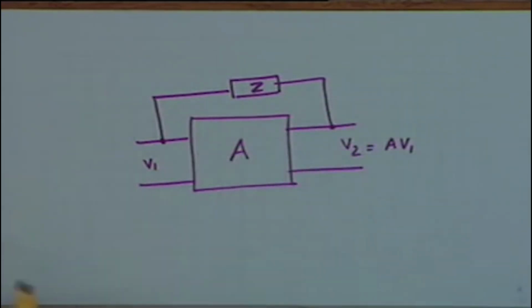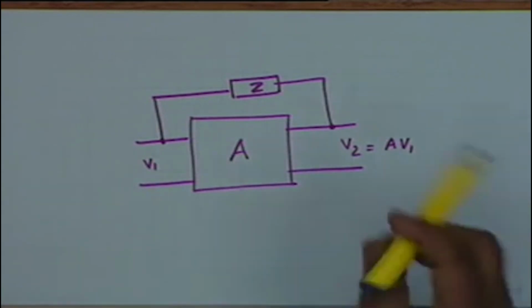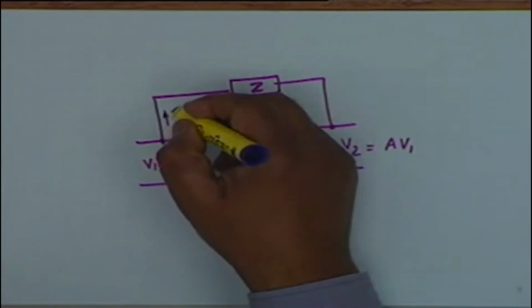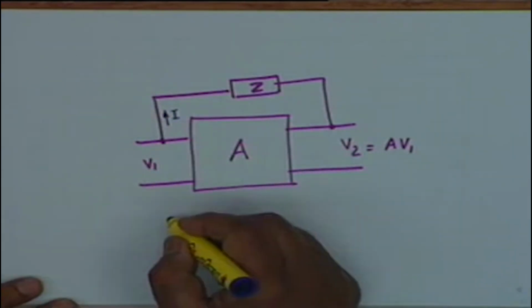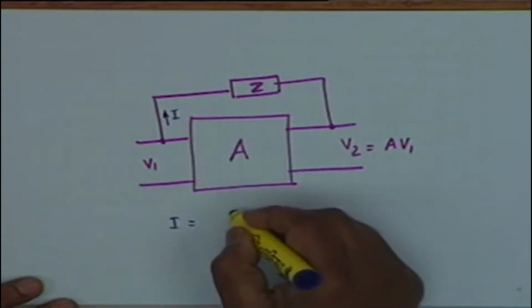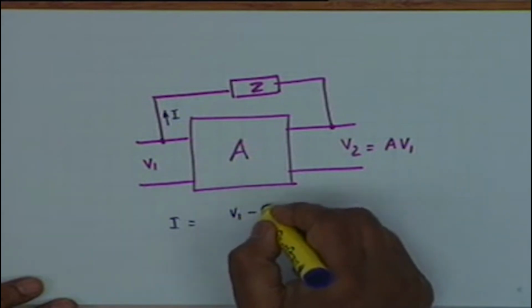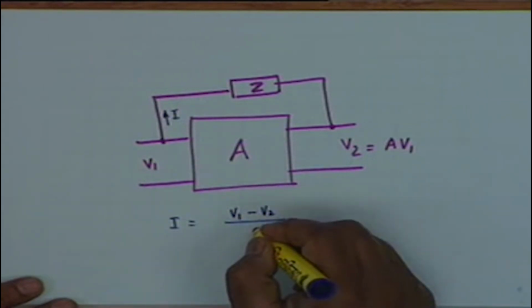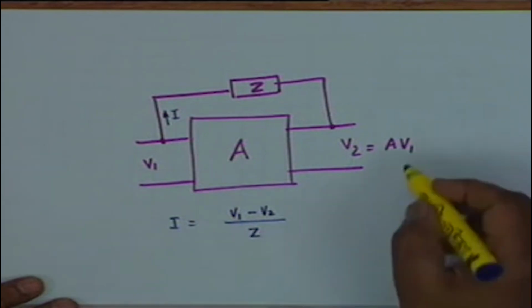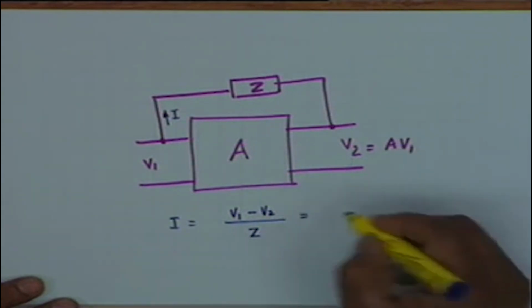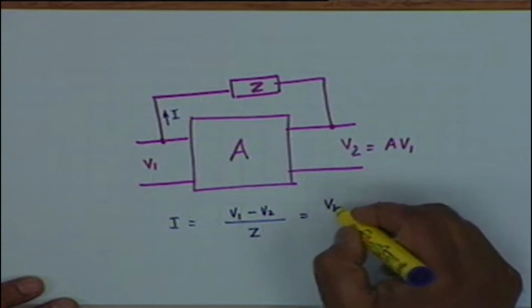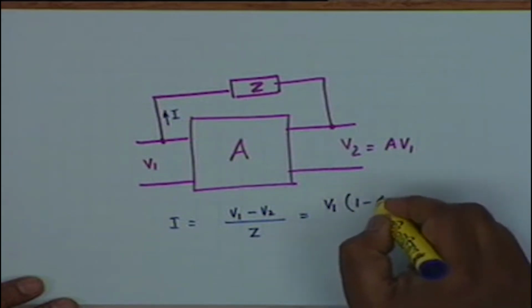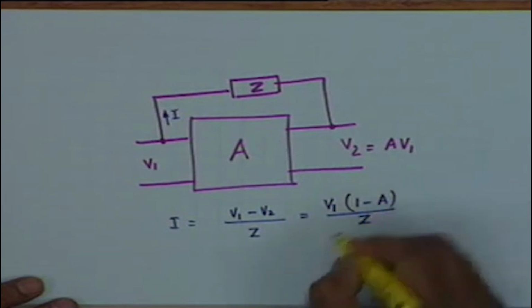That is, we have a bridging impedance. It bridges the input port to the output port. All right. What is the current through this, I? Obviously, I shall be equal to V1 minus V2 divided by Z. And since V2 is A times V1, we get V1 times (1 minus A) divided by Z.